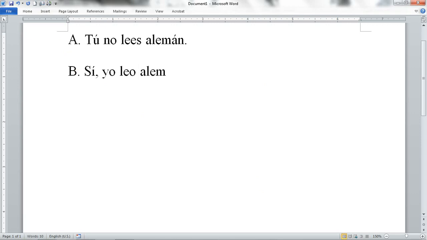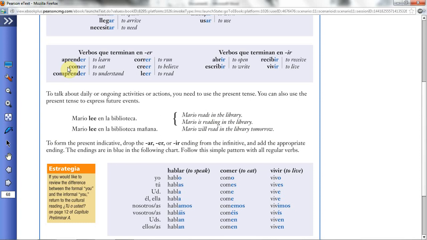Okay. Yes, I do read German. That would be how you would translate it. I do read German. Okay, so that's one more meaning that can be assigned to the Spanish present indicative.